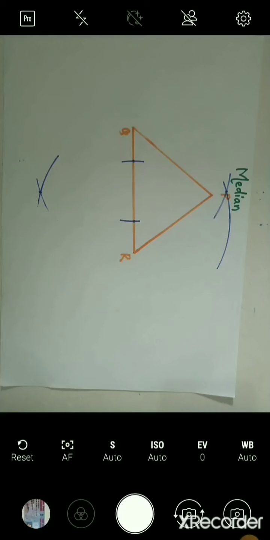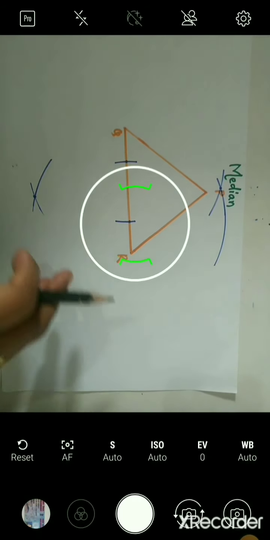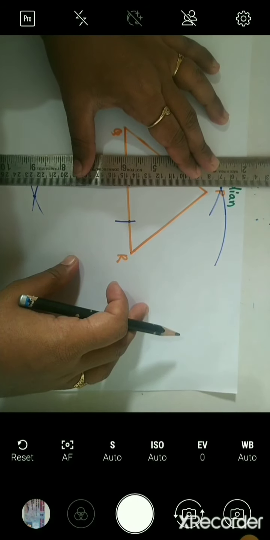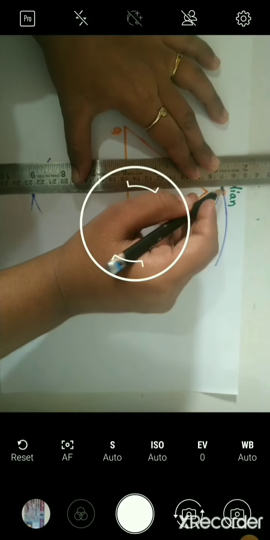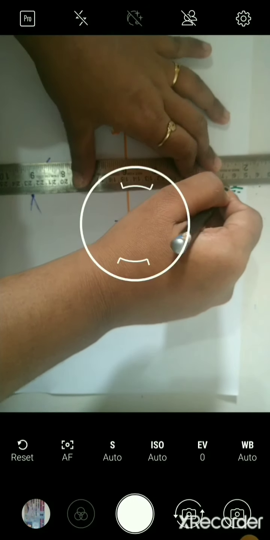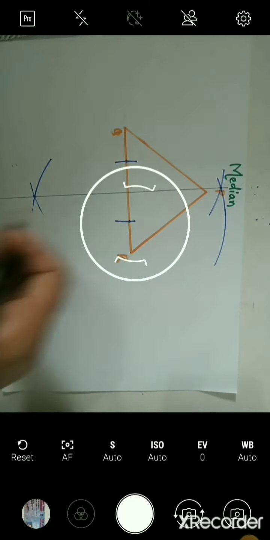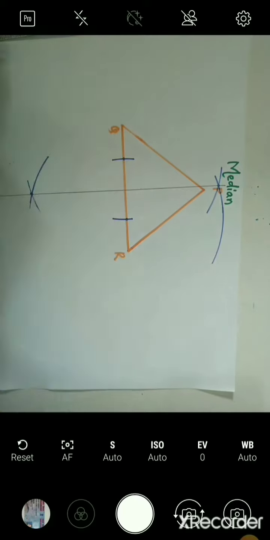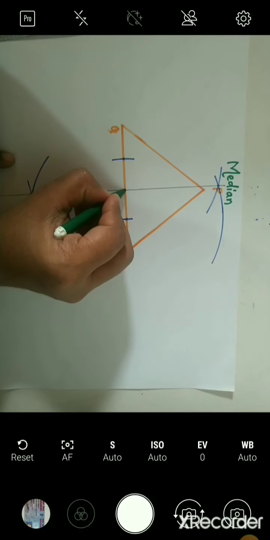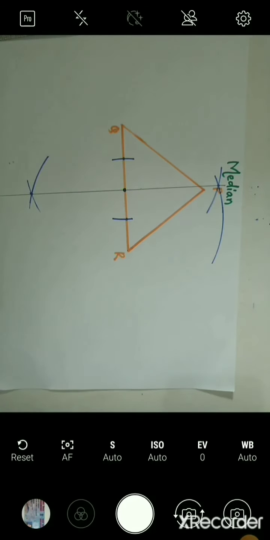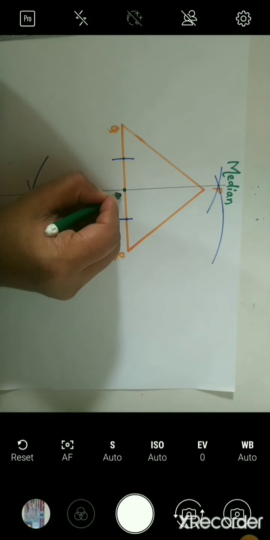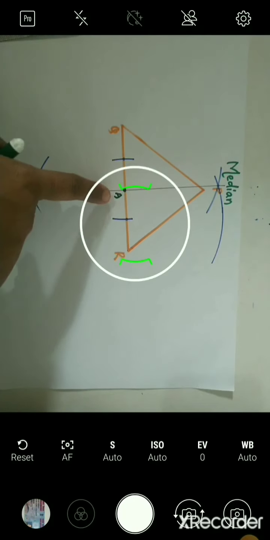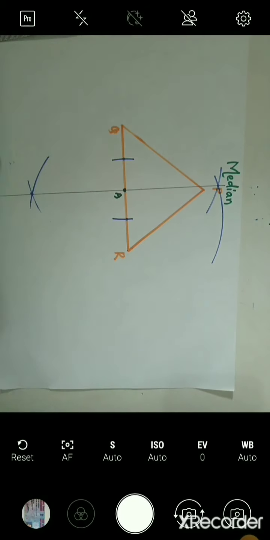Okay. So what you need to do is join these 2 points. So here I have joined these 2 points. And this line is intersecting this segment at this point. I will name it A. So I can say A is the midpoint of QR.